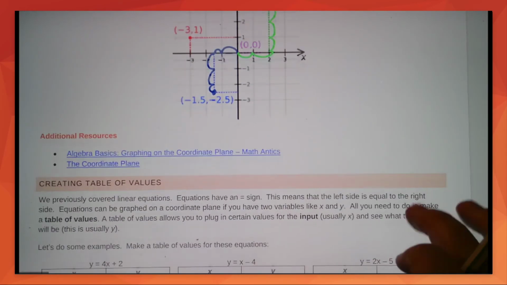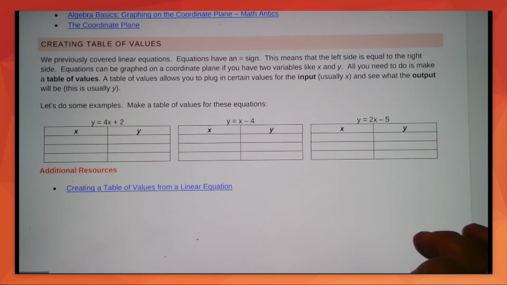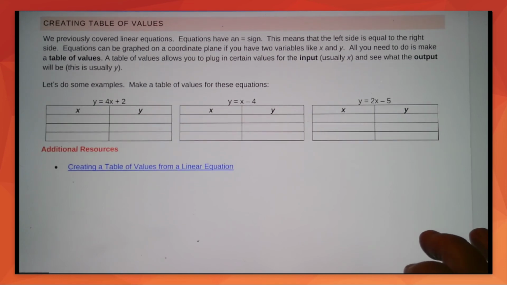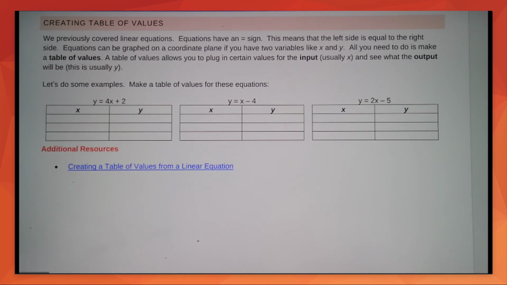Okay, so let's move on to the next section of this topic, which is going to be about creating a table of values. So we have talked about solving equations before. That's when you have an equal sign, and the equal sign means that everything on the left side is equal to everything on the right side.